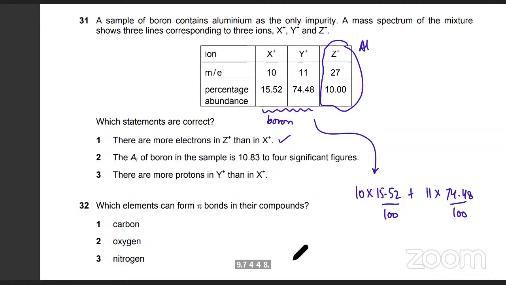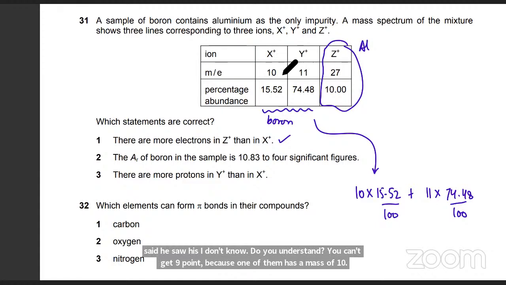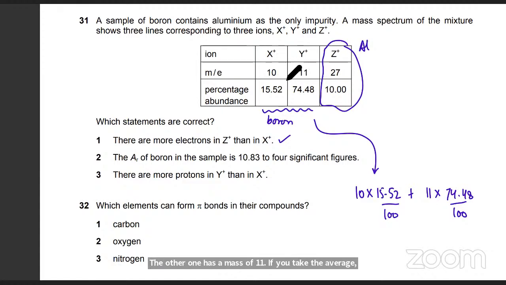Sorry, there's a problem. First, do you understand? You can't get 9 point something, because one of them has a mass of 10, the other one has a mass of 11. If you take the average, the mass will come somewhere between the two.